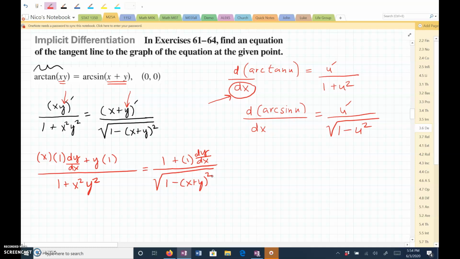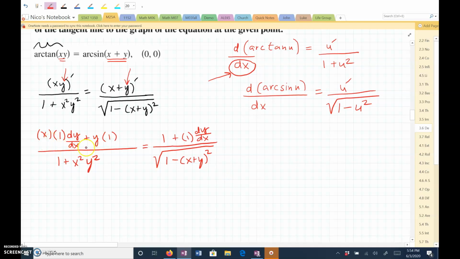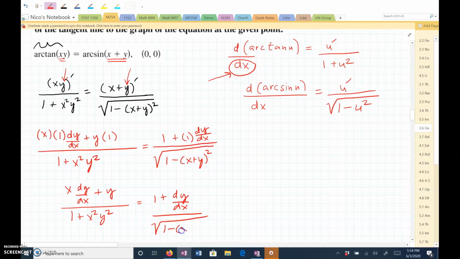Okay, so now we need to simplify this. Let's see, this side, this is going to be x dy/dx plus y all over 1 plus x squared y squared equals 1 plus dy/dx all over the square root of 1 minus x plus y squared.